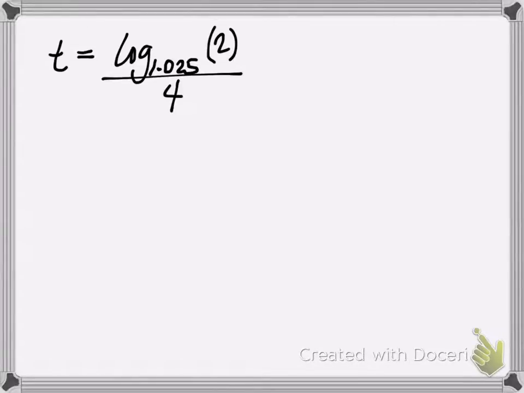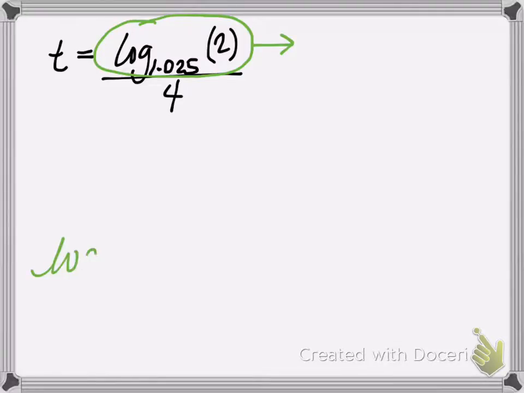And if you're on a TI-84 calculator, you have a shortcut for your logarithms with bases other than 10 and e. So you can use your shortcut menu on your calculator. However, if you are on a TI-83, or perhaps you have not updated your calculator, then you would need to use your change of base property or change of base rule and change this into a base 10 or a base of e.